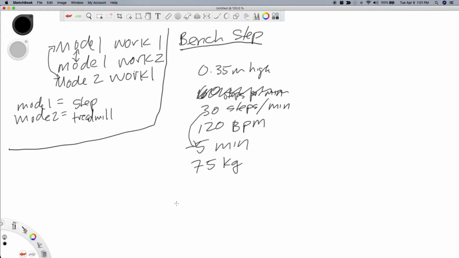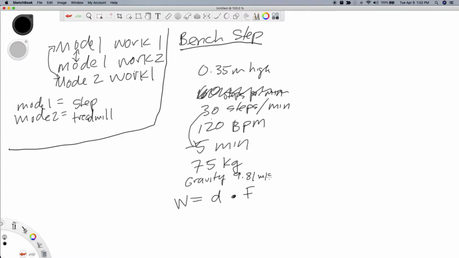Remember, work is distance times force. Distance is going to be the number of steps you take in 5 minutes multiplied by the height of the bench. For force, we're going to use our weight in kilograms, and because we're traveling vertically, we're going to use gravity as our acceleration component, the acceleration of gravity.